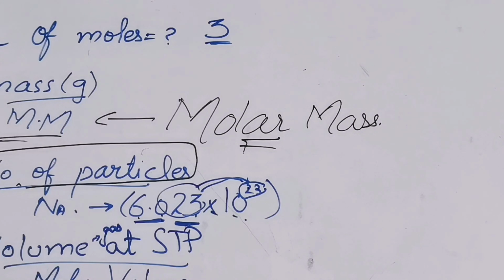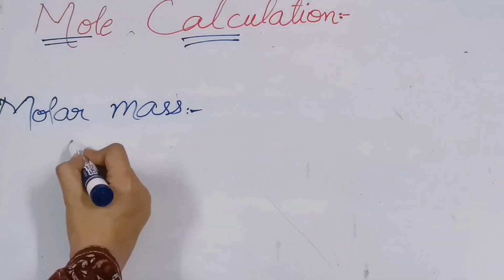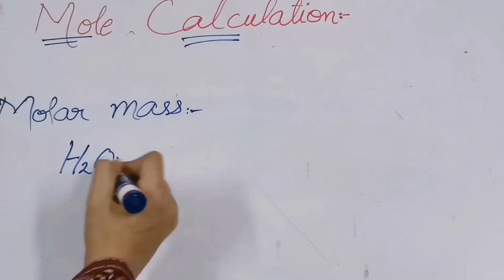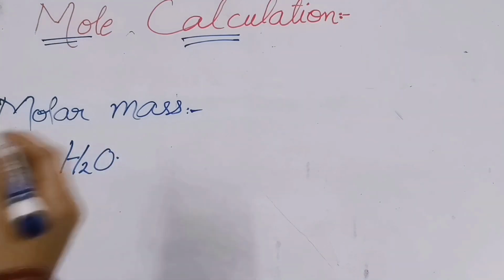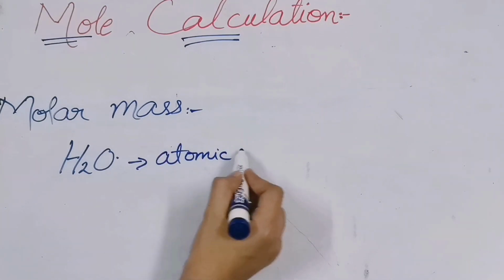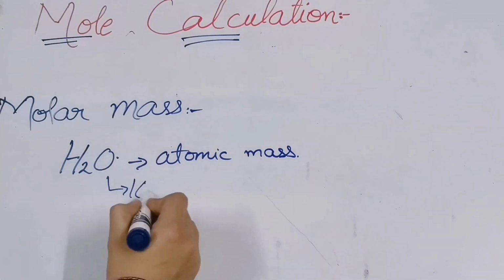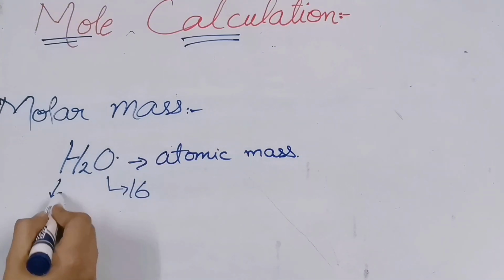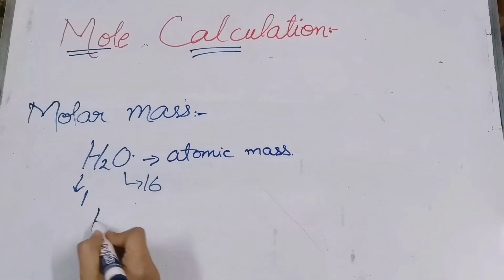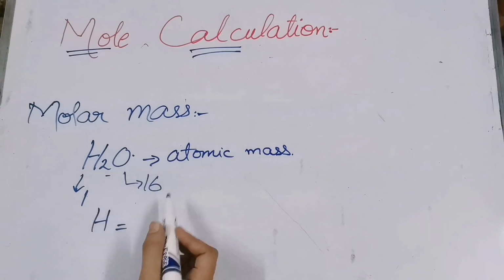So for this we should know about the molar mass. We studied molar mass in our first lecture, but let me briefly tell you again how we find it. First you have to write the formula. Let us take the water molecule. Now we should know the atomic masses. The atomic mass of oxygen is 16 and the atomic mass of hydrogen is 1. How many hydrogens are present? 2.